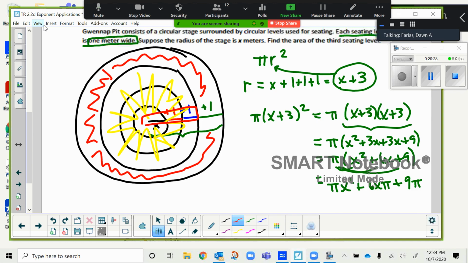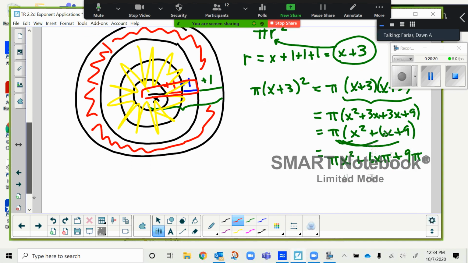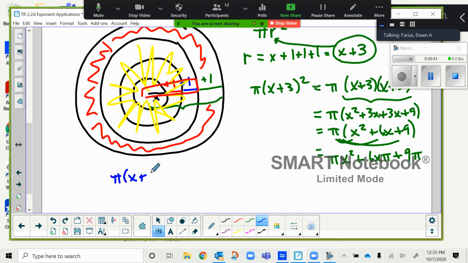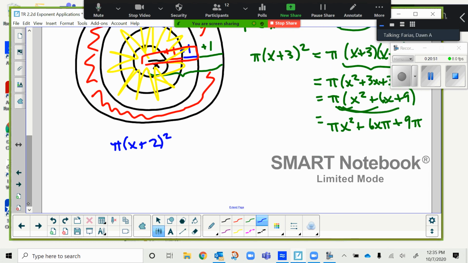So I'm moving on. So to find the area of the inner two circles, it goes like this. Same process, but now it's pi times x plus 2 squared. So you do your FOIL on that, just like you did with the last one, and I'll do mine. And then we'll talk about what to do with that information.